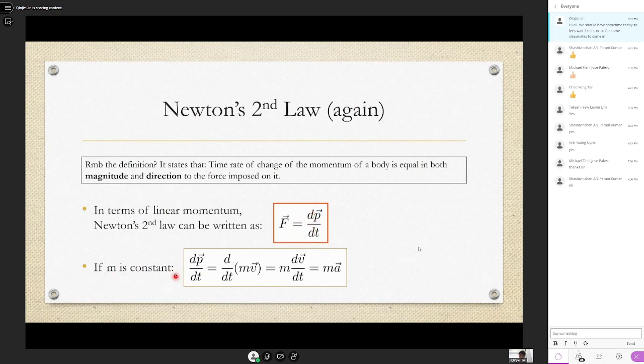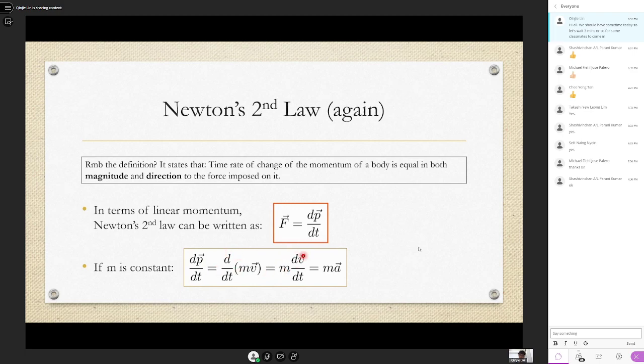So if m is constant, which usually it should be, you can change the equation to this form. Momentum is mv, so you can break that down. Since the mass is constant, we can take it out of the differential and put it outside.